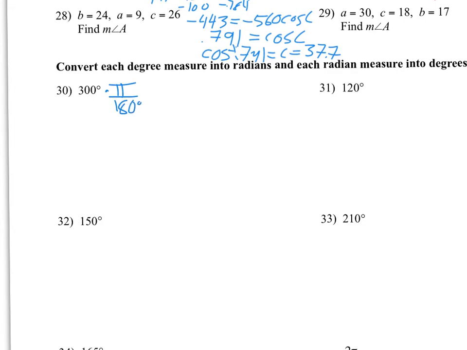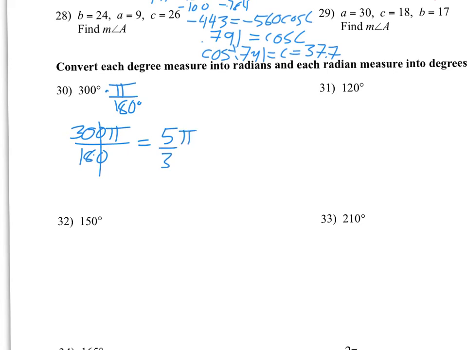But we really know this is 2 pi over 360, and that those reduce to pi over 180. So if we got 300 pi over 180, I might notice that the 10s cancel out, and I've got 30 over 18, both of which are divisible by 6, and that's going to end up being 5 over 3 pi, and you're done.